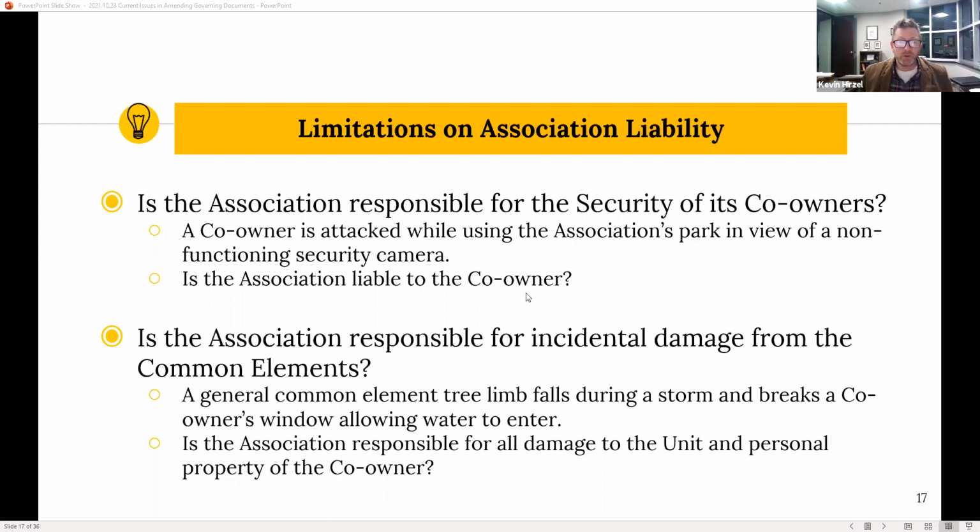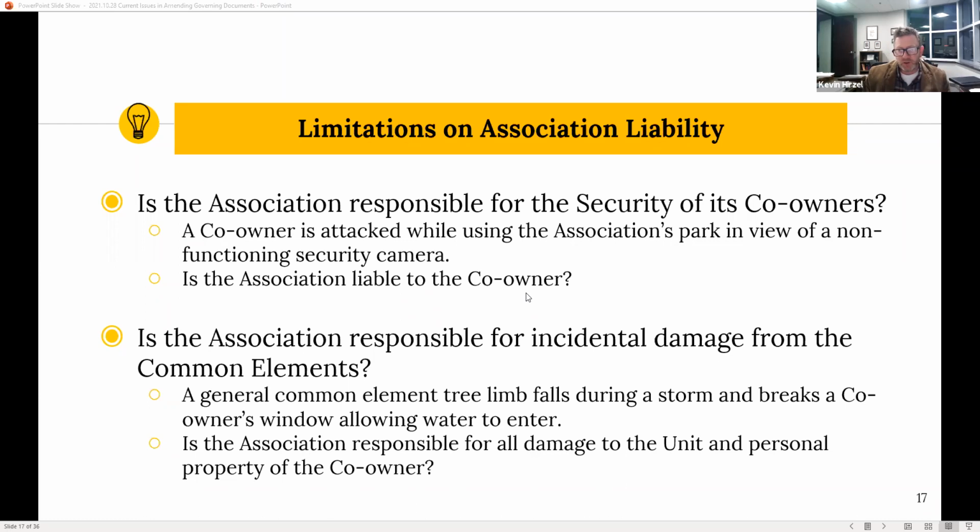The theory itself was a valid theory, at least in that context. But the ultimate question in this setting would be, is the association assuming more liability for security than it would need in that particular instance? What we would encourage, at least here, is that the association disclaim liability with respect to the security aspect, so that the association is not acting as a guarantor of security within the community.